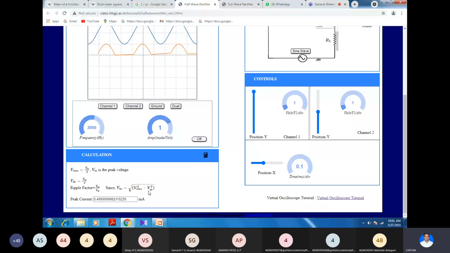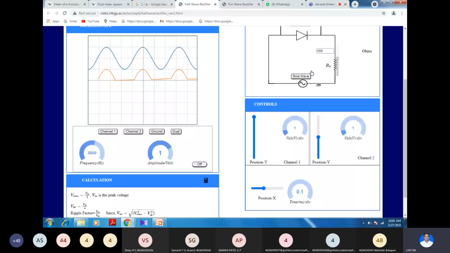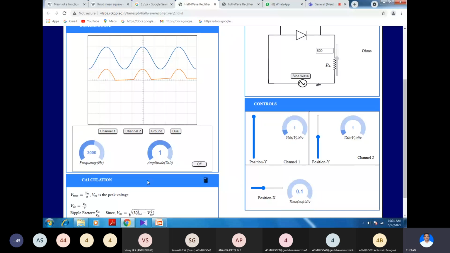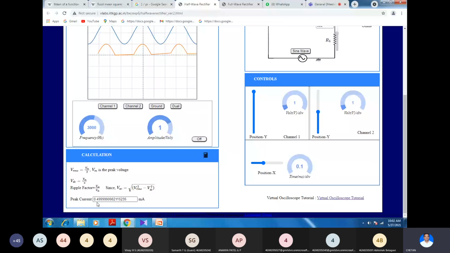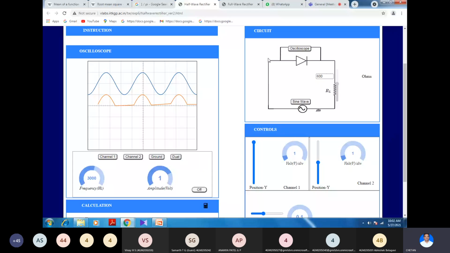The peak current across this load, and also the diode peak current, are given as per the setup. We have set up 600 ohm for RL. According to this setup, the current flowing through the diode as well as this resistance is this peak value. It is also calculated here. I hope the concept of the half wave rectifier is clear for you.